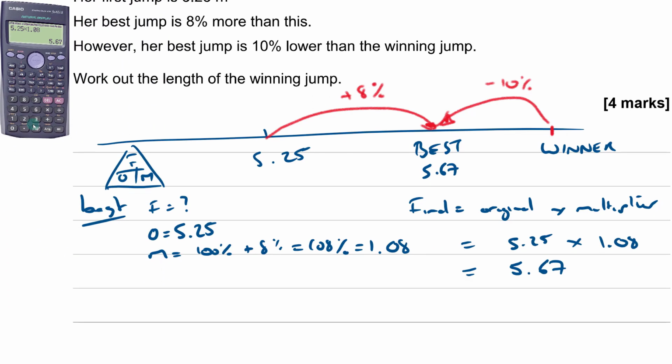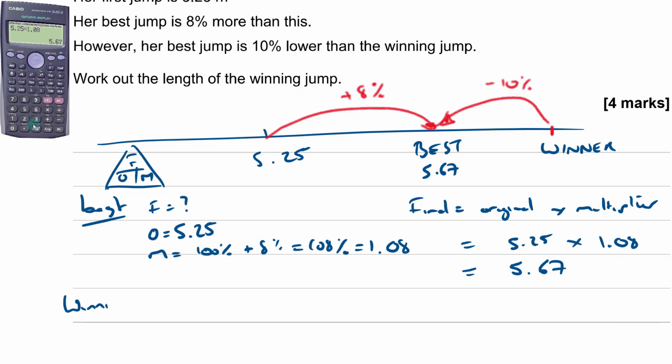Okay, but the winning jump, well, this 5.67 is 10% lower than the original amount. So the winning amount subtract 10% is 5.67. So I actually want to do a reverse percentage here.